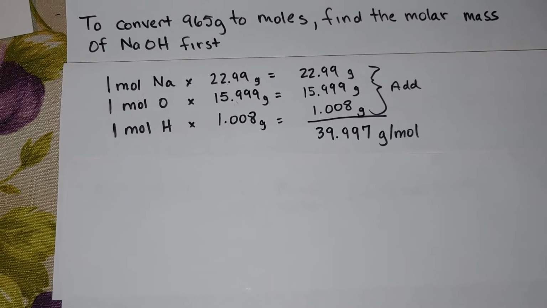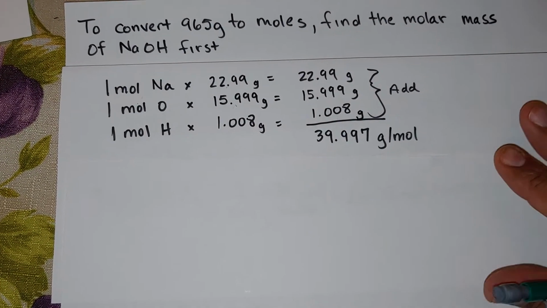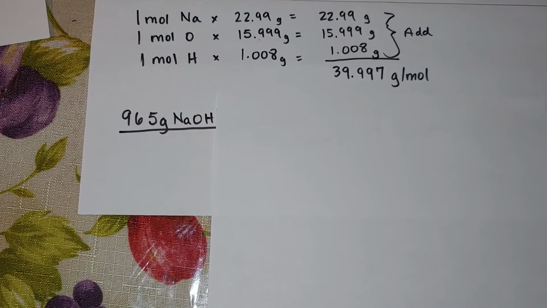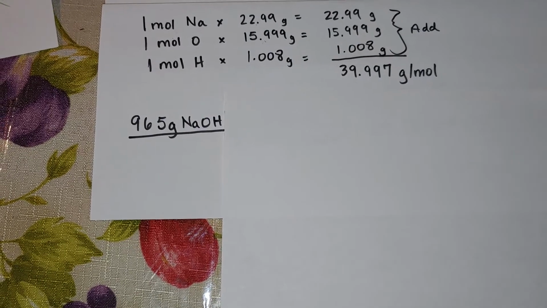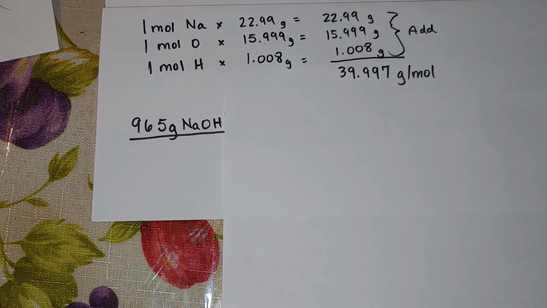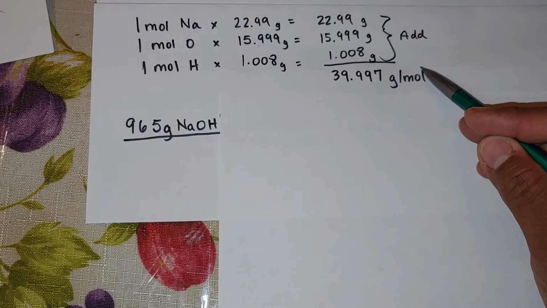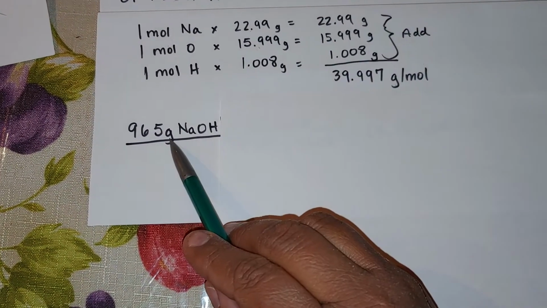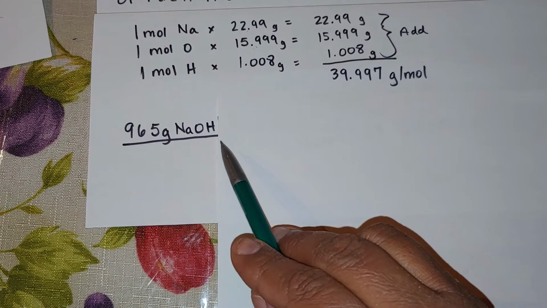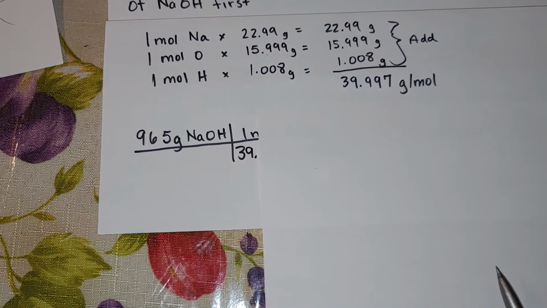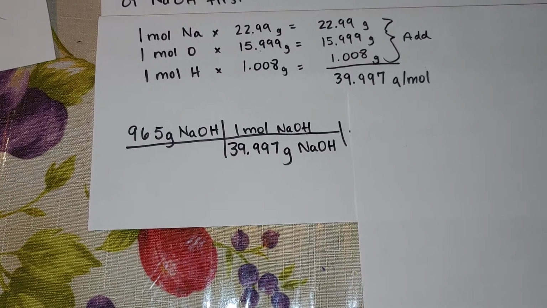Now we're going to do something with that number like we did before. Remember that they tell us that we have 965 grams of sodium hydroxide, and that there's this many grams per 1 mole. So we're going to use dimensional analysis. Since this is grams, keep in mind, diagonally, this better be the same thing, grams. And sure enough, it is.